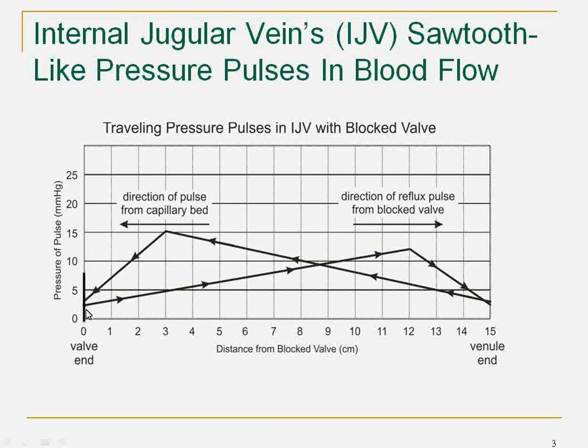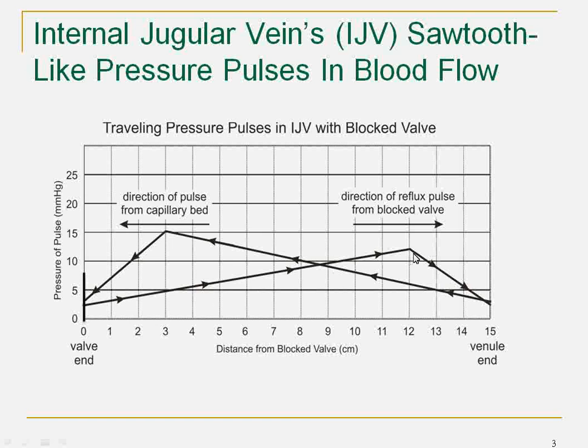When it travels to the obstruction, it hits the obstruction and is reflected back. I've shown that the size of these waves are a little bit different because perhaps this blockage is not 100%, but 80 or 90%, in which case some of the fluid can escape. But most of it gets reflected back.